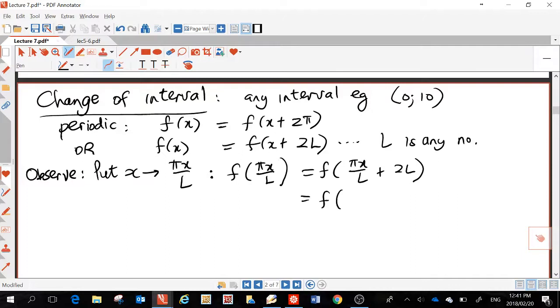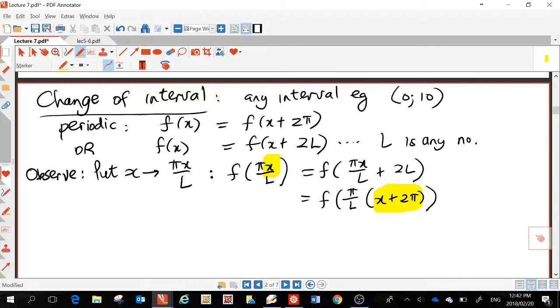And I can take out a common factor pi over L and get x plus 2 pi. In other words, I find that the periodicity is preserved. There is a scale factor of pi over L in front, but if I scale by pi over L, whatever the interval length is, then the periodicity is preserved. So you can get the function repeating itself every 2 pi over L.